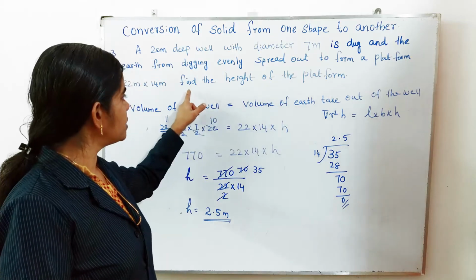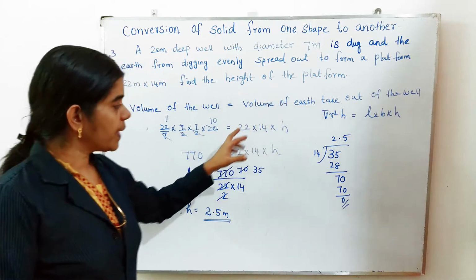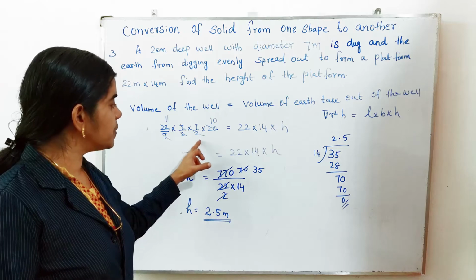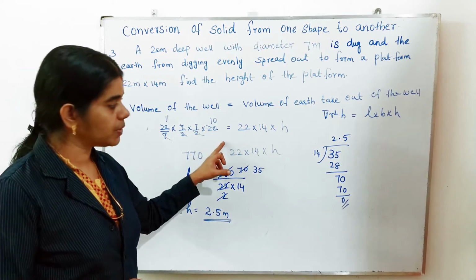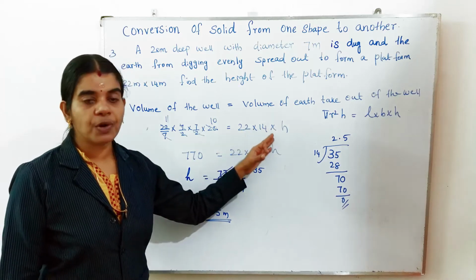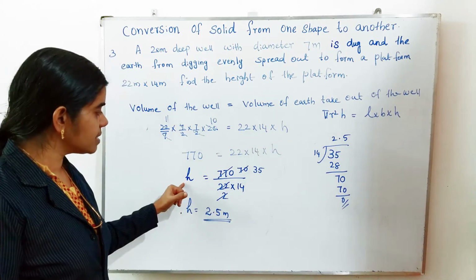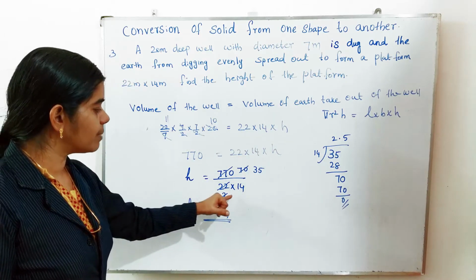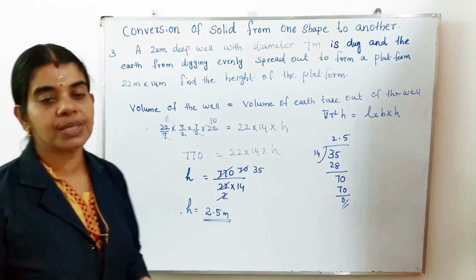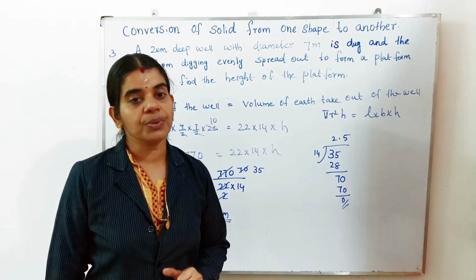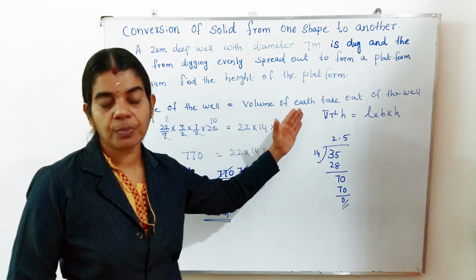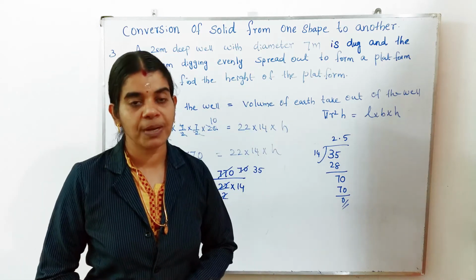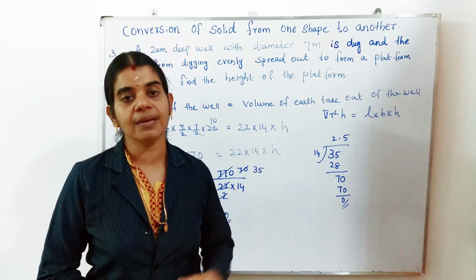Substitute the values: 22 by 7 into 7 by 2 into 7 by 2 into 20 is equal to 22 into 14 into H. So H is equal to 770 divided by 22 into 14. After calculation you will get H is equal to 2.5 meter. That will be the height of the platform, or the height of the cuboid formed using the earth taken from the well.